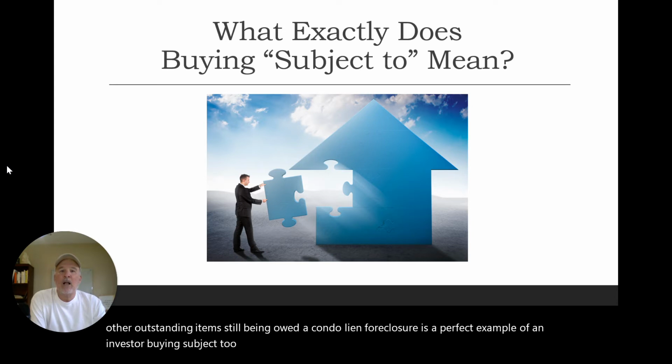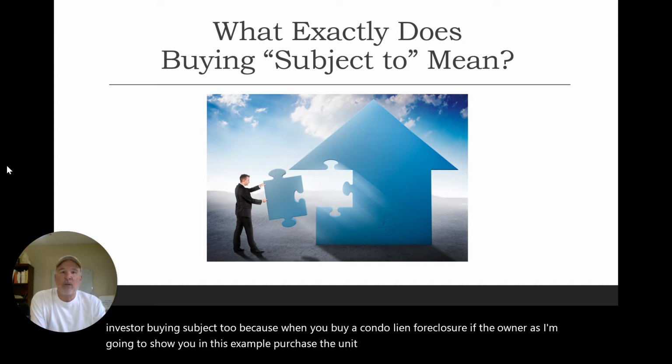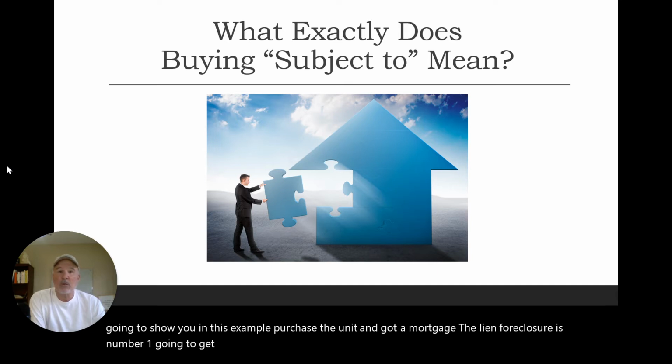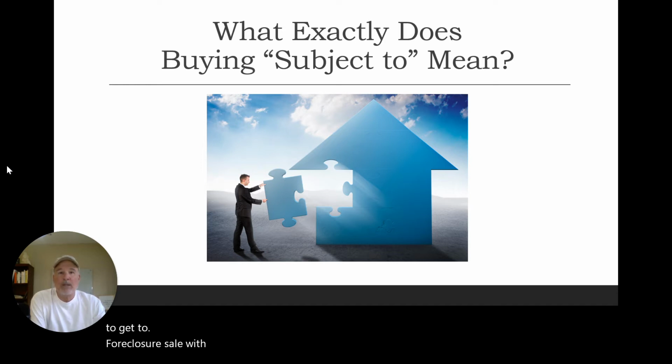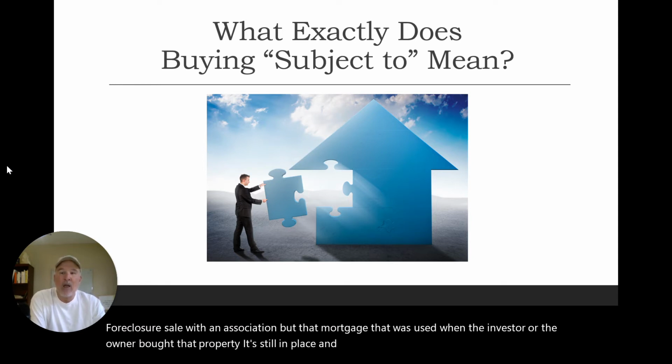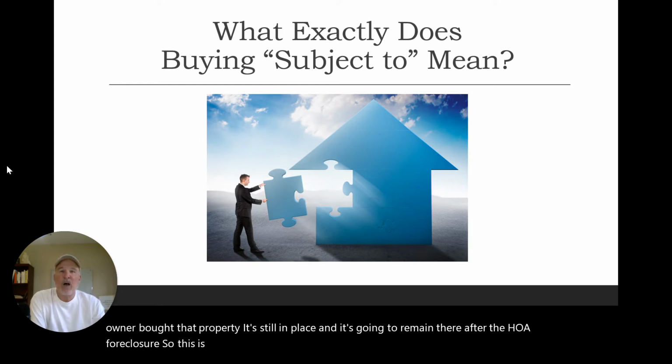If the owner purchased the unit and got a mortgage, the lien foreclosure is going to get to sale a lot faster, and there's a better chance you'll get to a foreclosure sale with an association. But the mortgage used when the owner bought that property is still in place, and it's going to remain there after the HOA foreclosure. So this is the perfect example of buying something subject to.